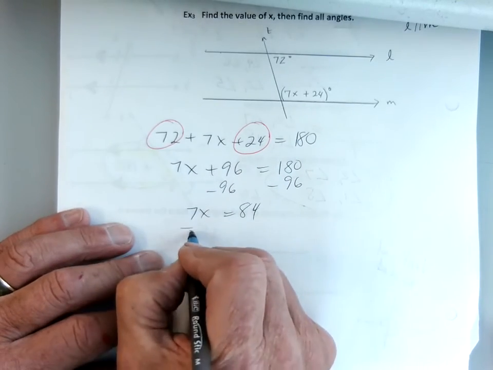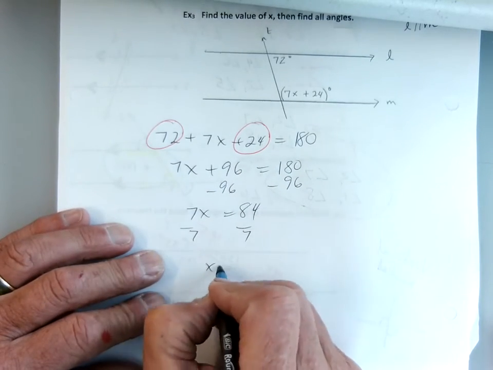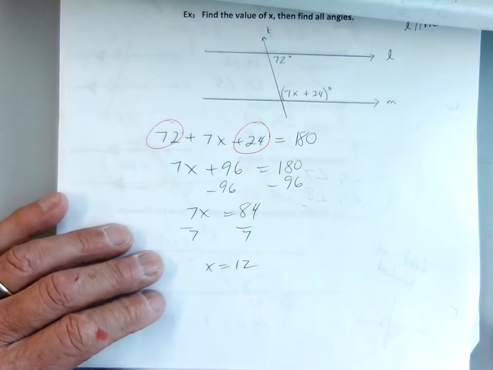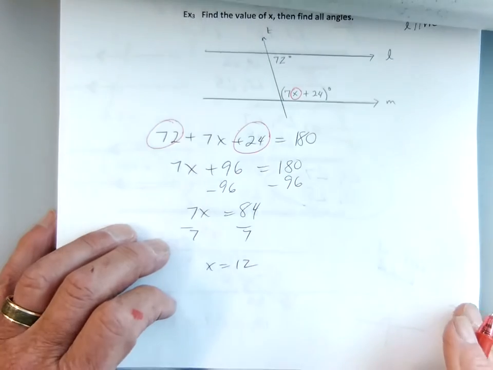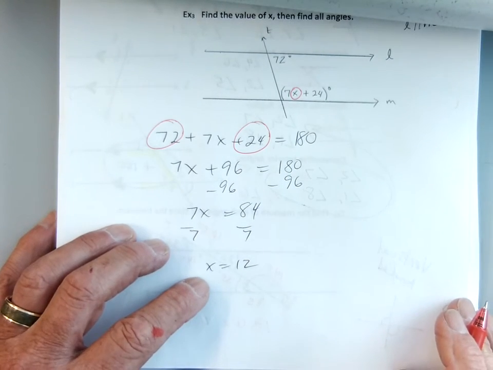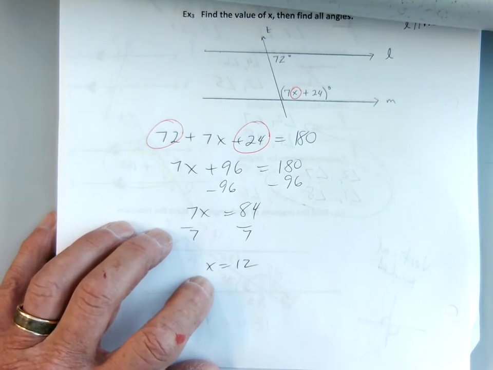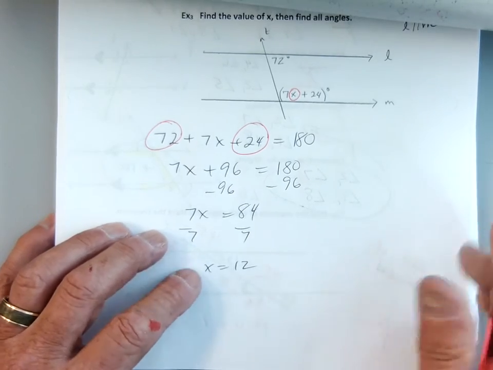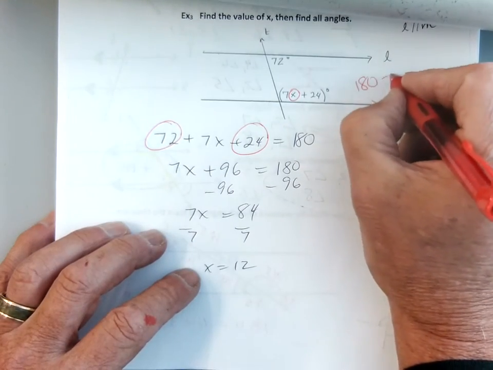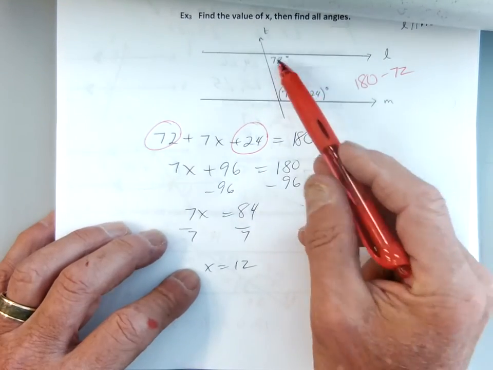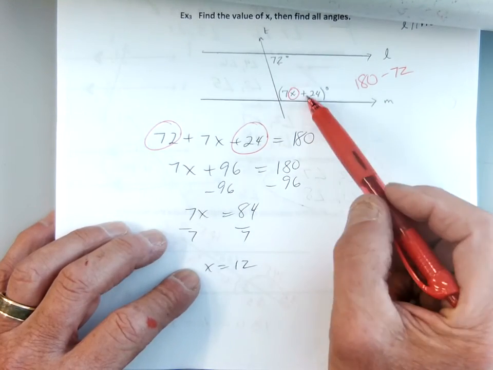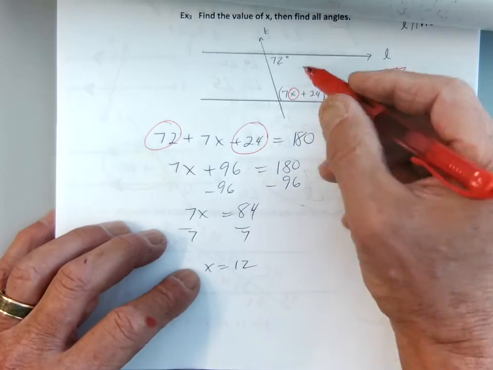Divide by 7. X equals 12. So if we know that's 12, I can put 12 in here. Or I could just subtract from 180. That's probably the easiest way, because I know these two have to add up to 180. So this angle's got to be 108.